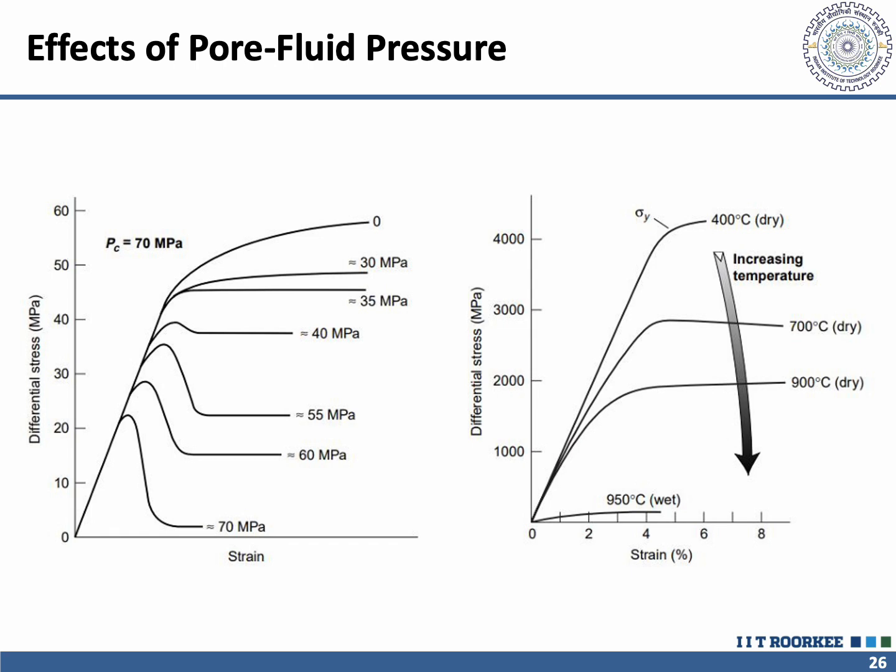As pore fluid pressure increases, the differential stress at failure decreases significantly. High pore fluid pressure reduces the rock strength, promoting earlier failure at lower stress. At 70 megapascal, the rock essentially fails almost immediately with very low strength. It can be explained by the pore fluid pressure.